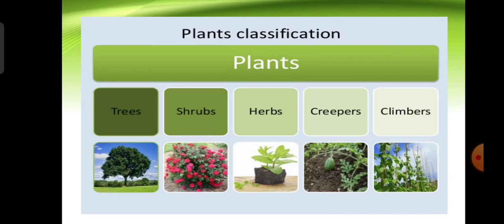So how do we differentiate herbs from shrubs? Herbs are normal plants with soft, delicate stems and complete their life cycle in a year. Shrubs are taller than herbs and have a hard woody stem with branches.